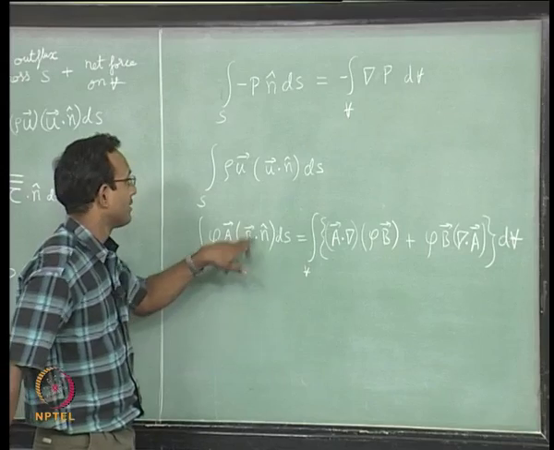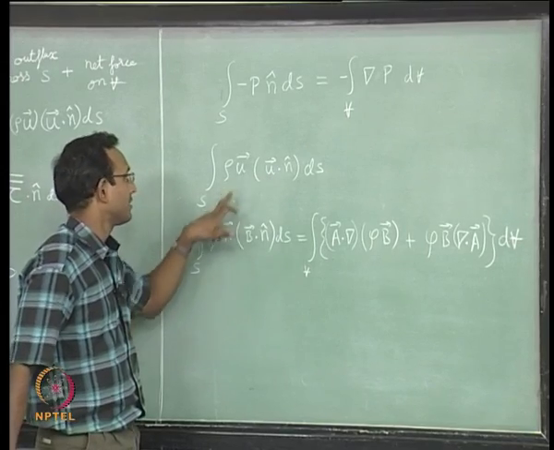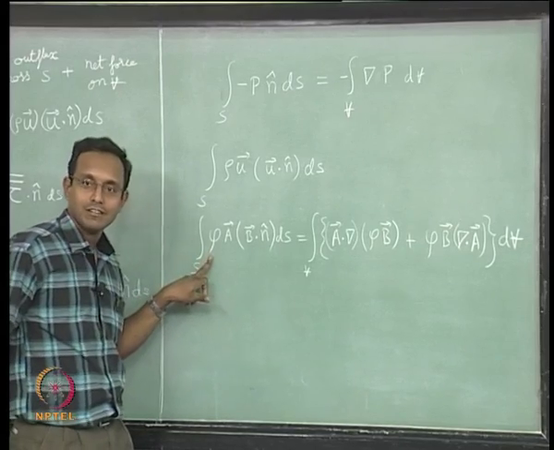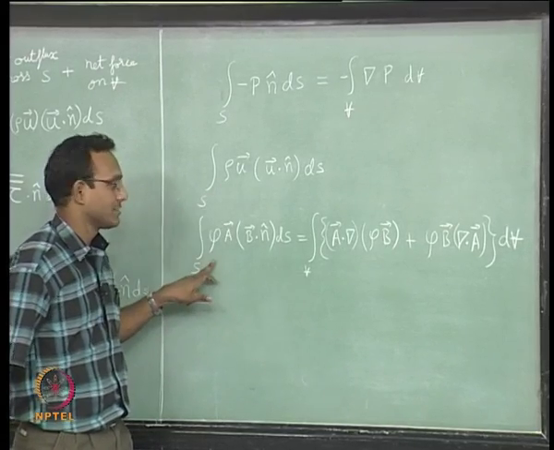Now I have to just see the parallel between this and this. My b vector is a velocity vector, a vector is another velocity vector, this phi is a scalar, and that is my density in this case.